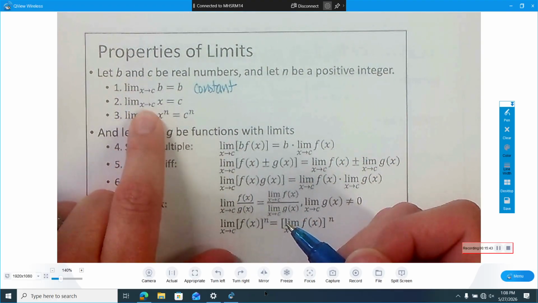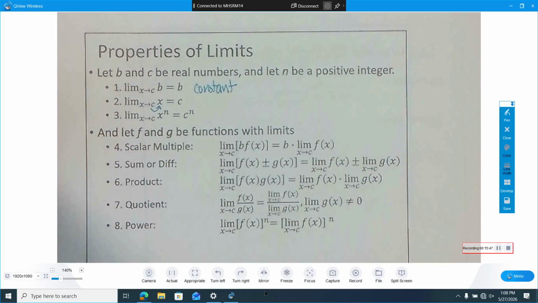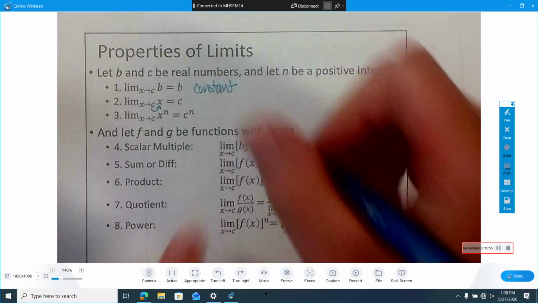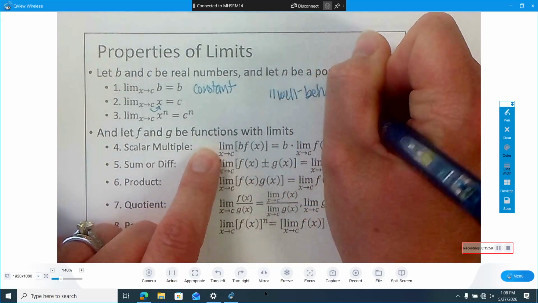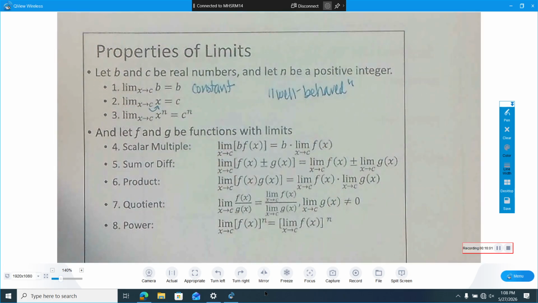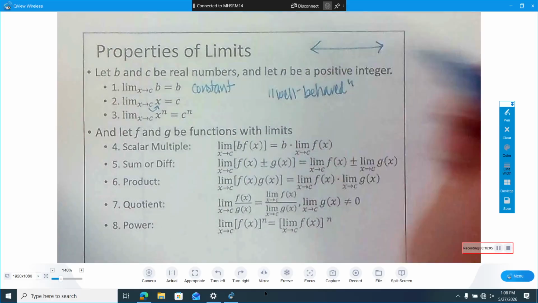The limit as x approaches c, again, all we're doing is plugging in, substituting. Now, the reason we can substitute is because these are what we would call well-behaved functions. This constant function is just a horizontal line.